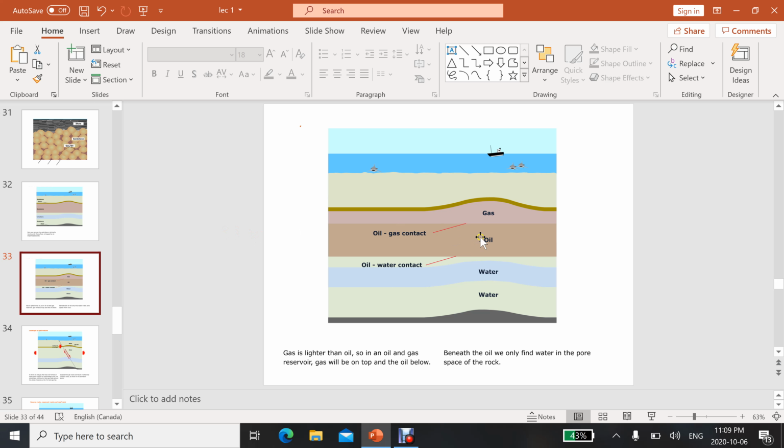As you can see, gas is lighter than oil, so it will take the upper part of the reservoir, and oil is heavier, so it will take the lower part. Further, water is heavier than oil, so water will be at the bottom. And this is a typical arrangement in the reservoir of hydrocarbon and water.